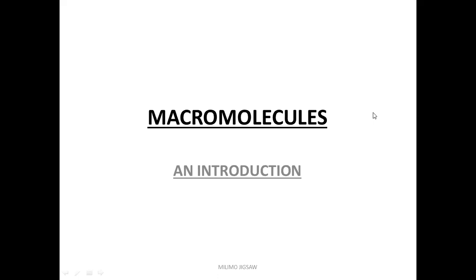How does carbon become central to organic compounds? And then we also need to define what an isomer is and be able to distinguish the three major types of isomers.